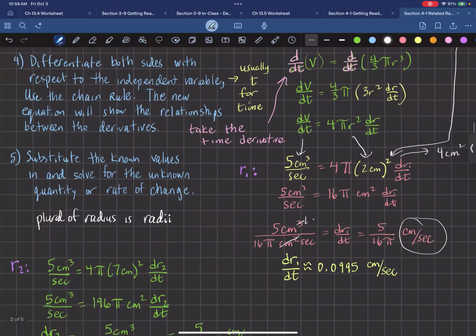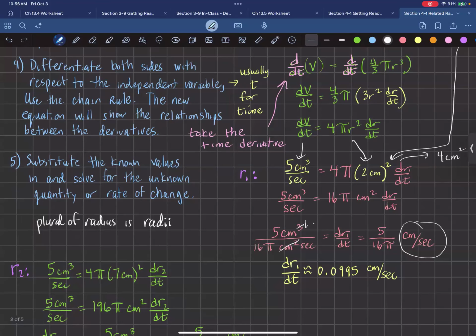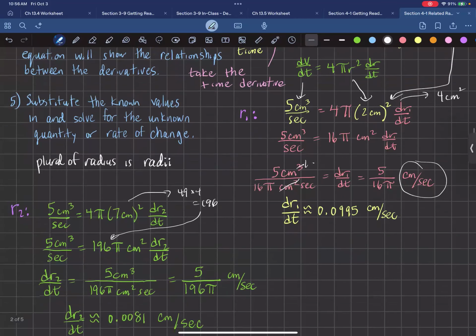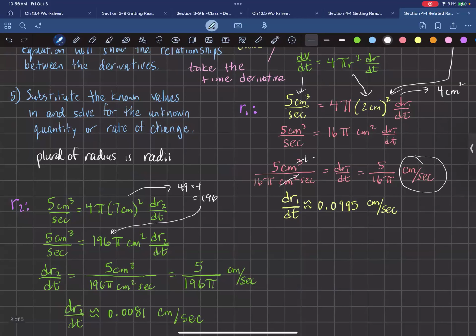Then for r2 I just changed the radius to 7 centimeters. So 7 squared is 49, and 49 times 4 is 196. So we divide by 196 pi, and we get 5 centimeters cubed over 196 pi centimeters squared times seconds.